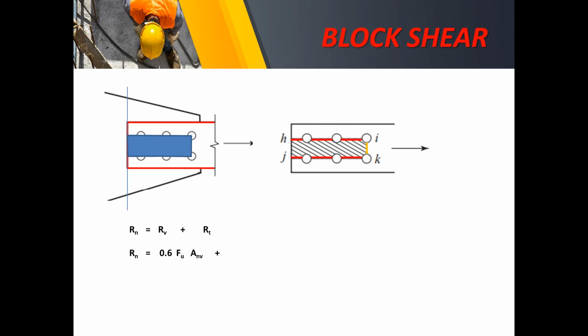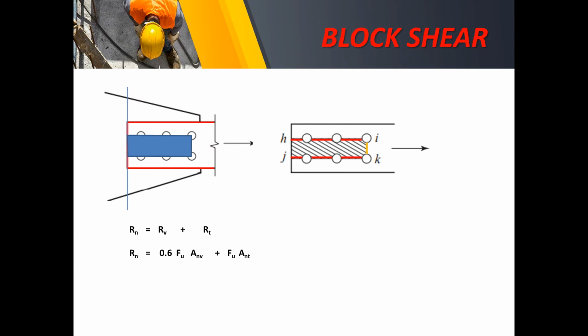So for the tensile stress, of course, we also use the fracture, because block shear is always associated with fracture. This time, our multiplier to the second term is the net area due to tension.